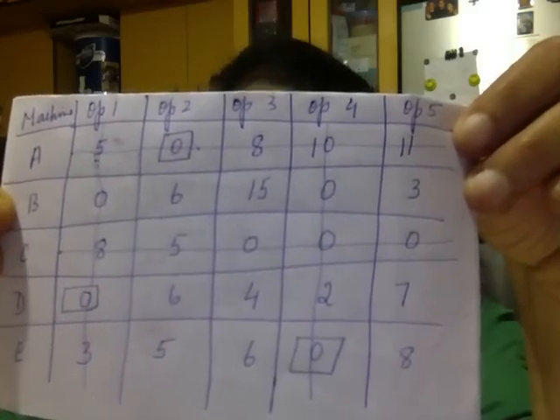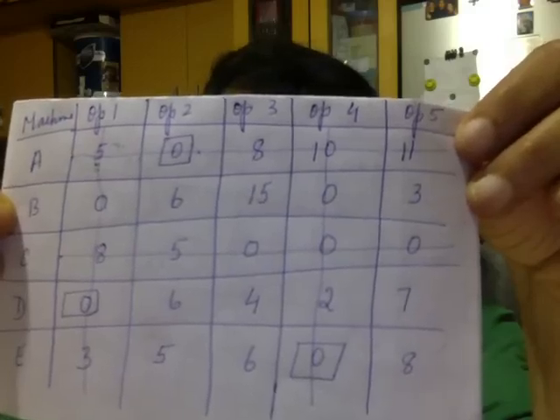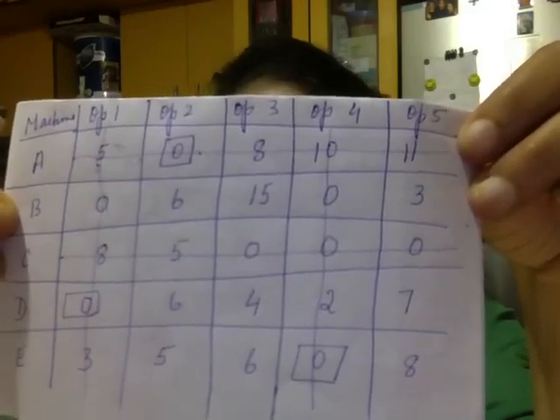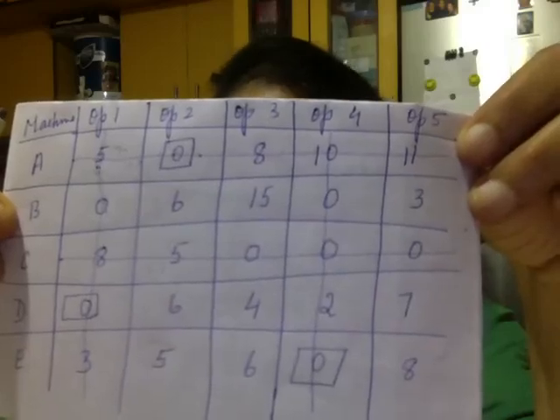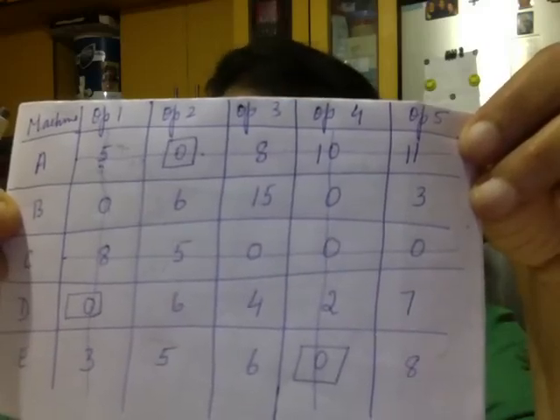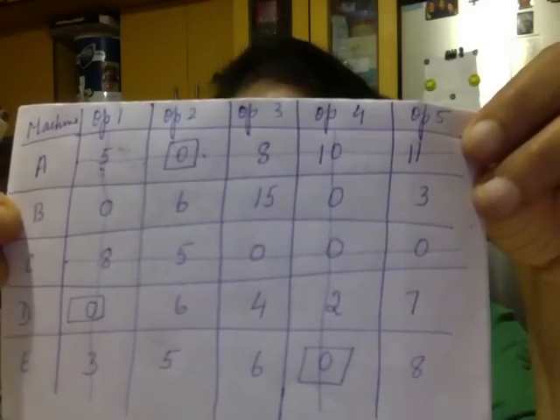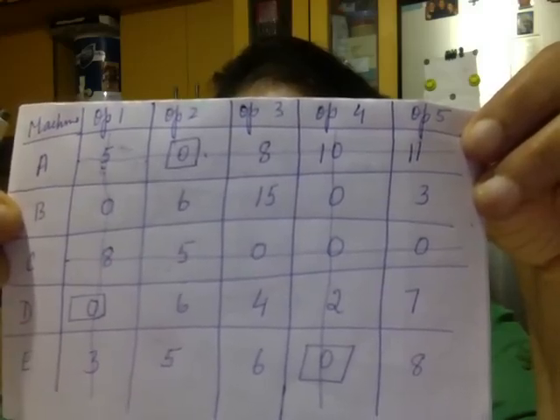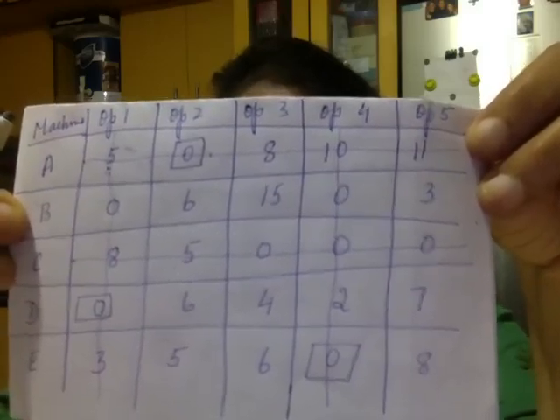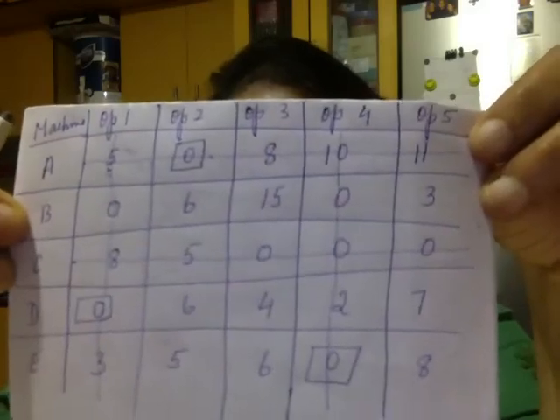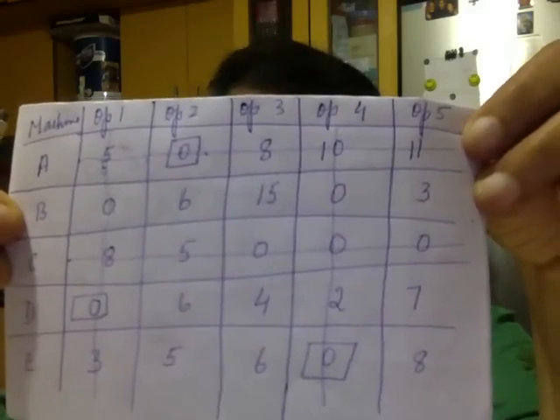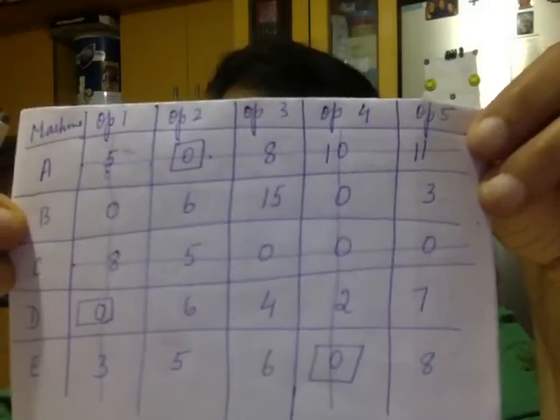So write down number 2: subtract this lowest value from all the uncovered values. Alright, subtract this lowest value from all the uncovered values.